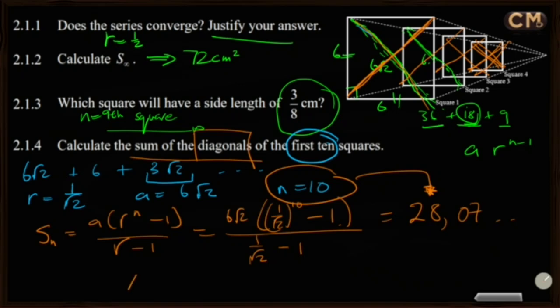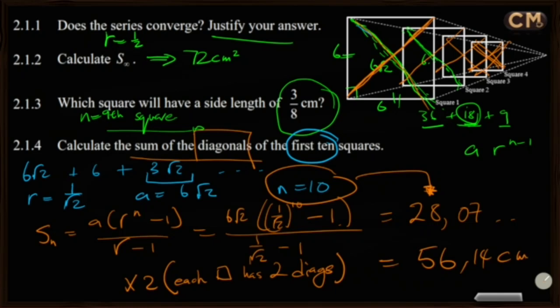So multiplied by 2, each square has 2 diags, and then we'll have 56.14 square centimeters, not cubic centimeters, of course. That is rounded to 2 decimal places as per the requirements under caps.